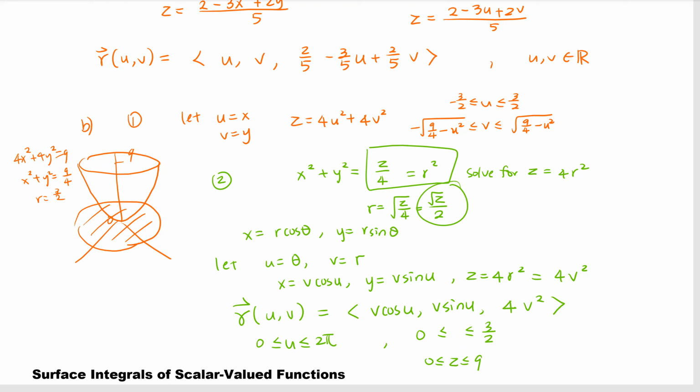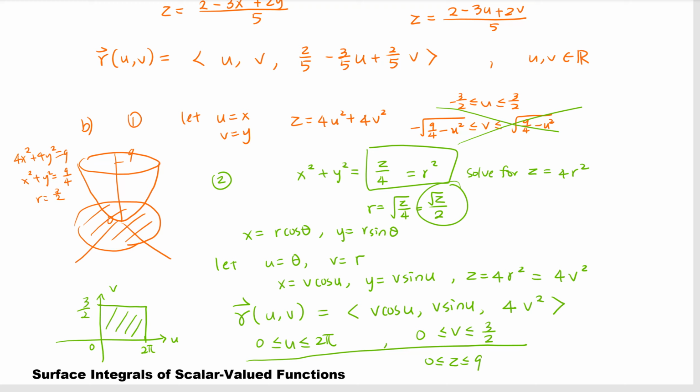So now u and v are each between two numbers. Yay! u is from 0 to 2 pi and v is from 0 to 3 over 2, so we get a rectangle. This parameterization is good. We don't want the previous one, because there v depends on u. That's not good. So far so good, everybody?